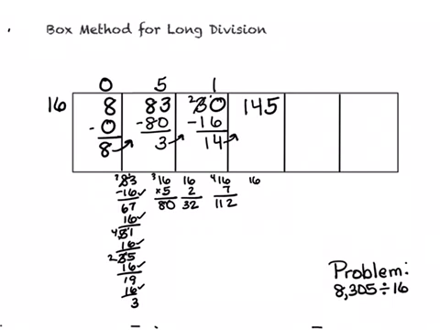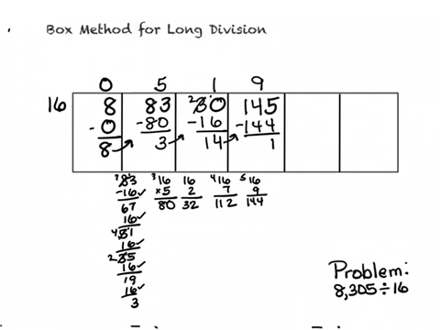Okay, so maybe it's 9 16s. They make another guess. That is 144. And yes, there is enough for 9 16s to come out of that box. So a 9 goes up there, which leaves 1 left over.